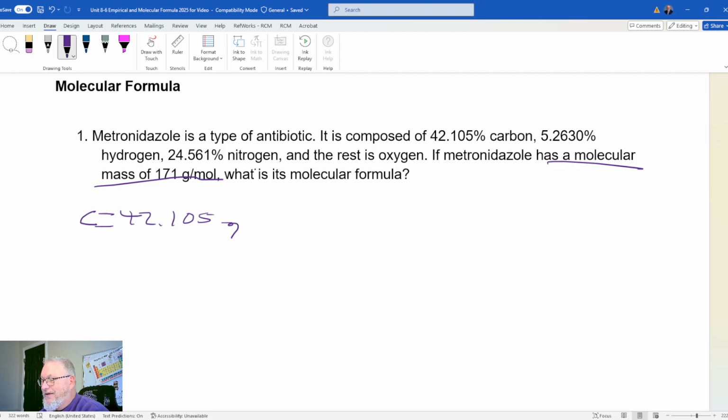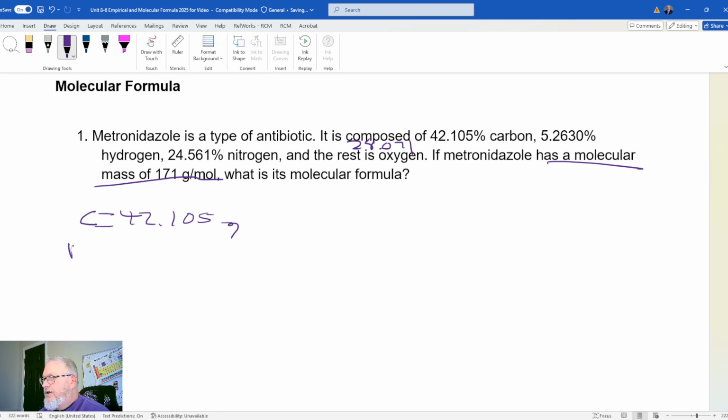They do not add up to 100. They add up to 71.929. So I'm going to subtract that from 100, and I got 28.071. So that tells me that oxygen is 28.071%, or we're dealing with grams.